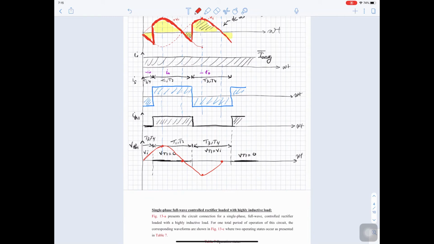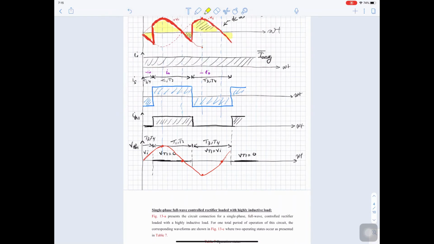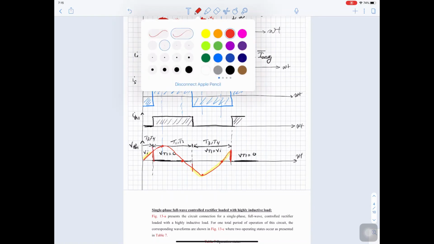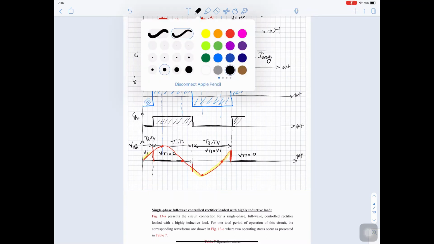Now V thyristor equals V input during only this time here and only this time here. Okay, so we are cutting this part of the wave and this part of the wave. Now we can sketch our V thyristor.